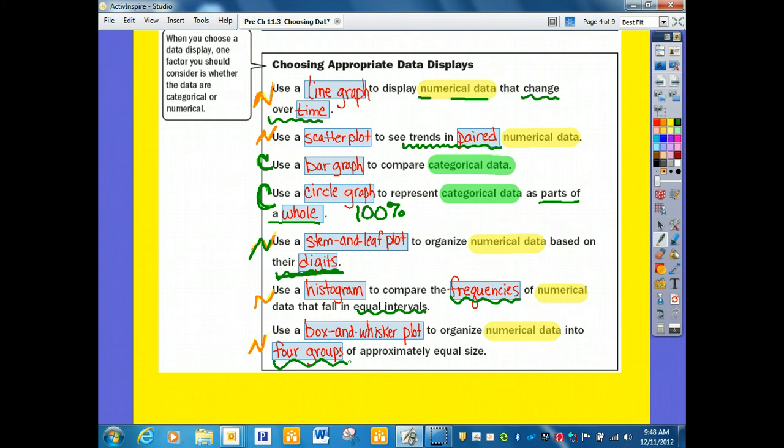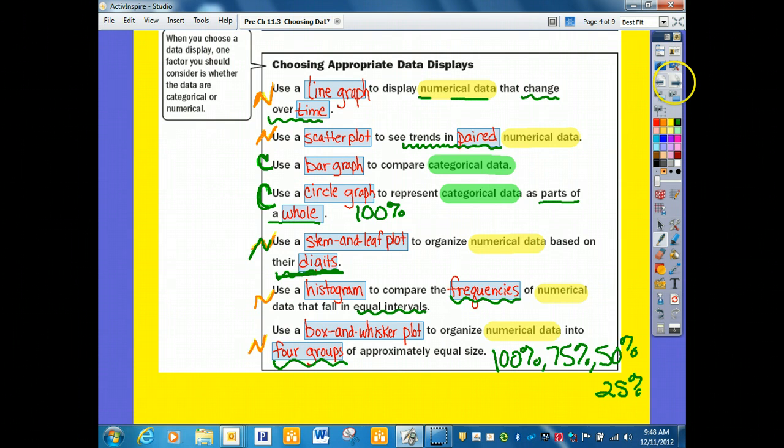Don't let this one get confused with the 100% of the circle graph, which is for categories. The 4 groups are in quarters: 100%, 75%, 50%, 25%.